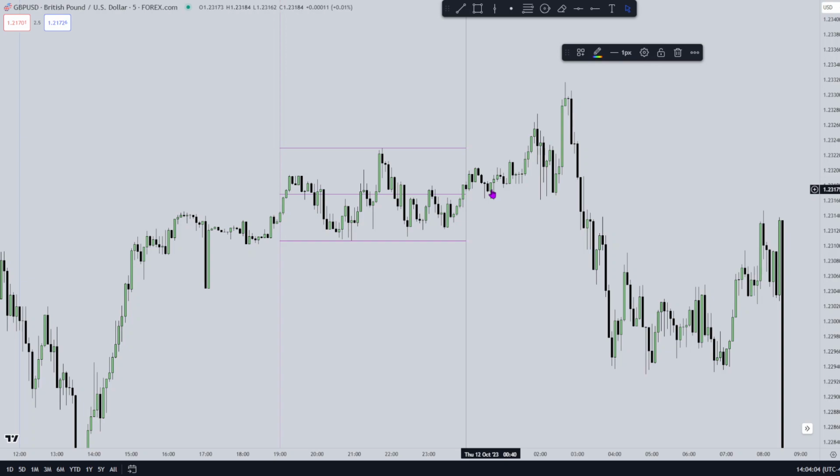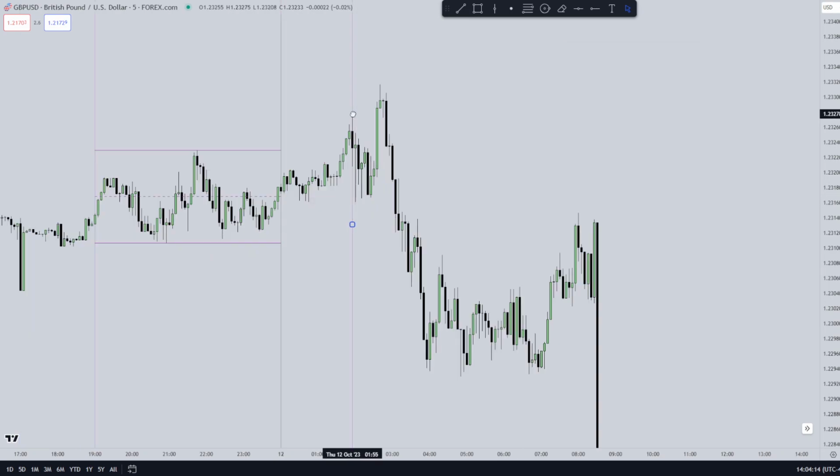And then we'll put the 2 a.m. here. 5 a.m. here. So you can see we trail up, take out the buy side of Asian session, classic price action really.